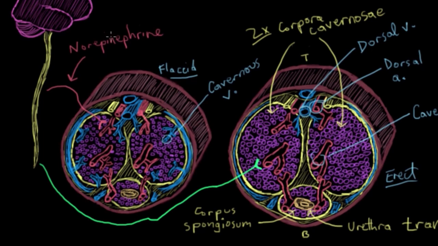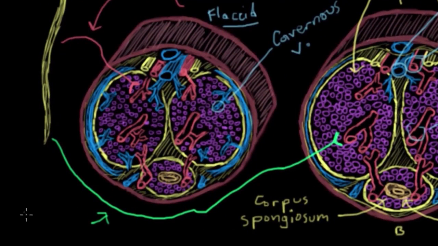Norepinephrine is a little chemical signal from a division of the nervous system called the sympathetic nervous system, or the SNS. And that'll become important later on. And the signal that this neuron is sending is NO, or nitric oxide. This neuron is actually from a division of the nervous system called the parasympathetic nervous system, or the PSNS.